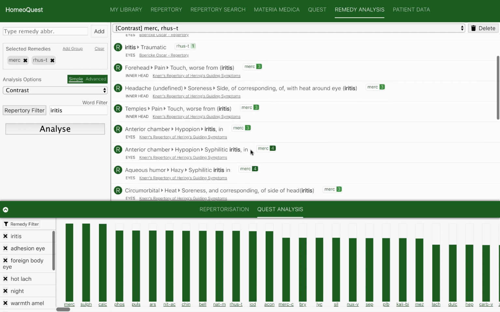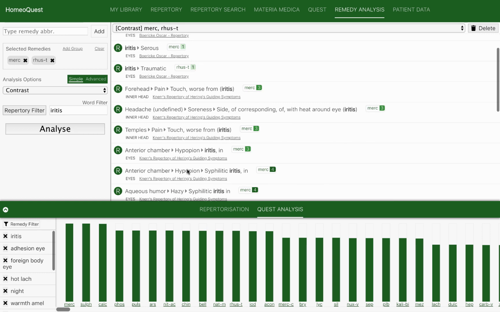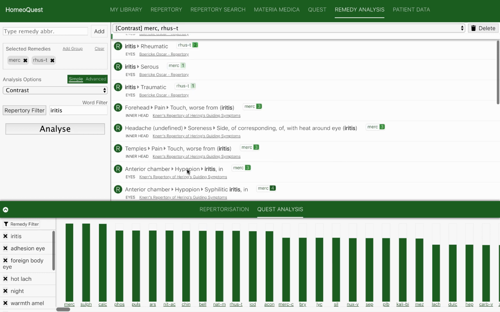There is no Rhus tox. Syphilitic iritis, destructive iritis, all that is Merc, where the aqueous humor and the anterior chamber have been filled with pus. Rhus tox does not have it. Merc has it. Can you see how subtle differences that you would have otherwise missed, you now know which remedy comes up most strongly.